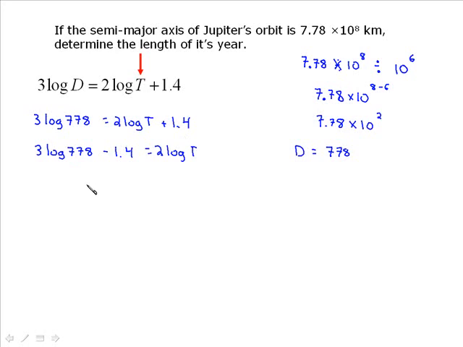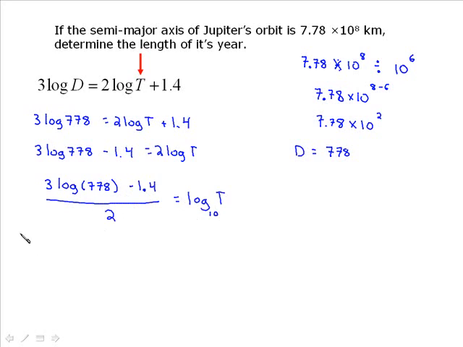Now you can do this in a couple of steps, or you can do it in one step. I'll do it in one, and I'm going to put this into my calculator. This is the first time we've had to deal with this. I'm going to divide all this by 2, and this is base 10.